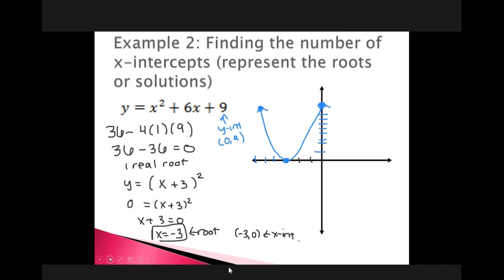So we can tell that the graph opens up, and we can see that the vertex only hits once. So the discriminant is important. It tells me the number and types of solutions for a graph. Tomorrow, the quadratic formula is actually going to give me the values of the roots.